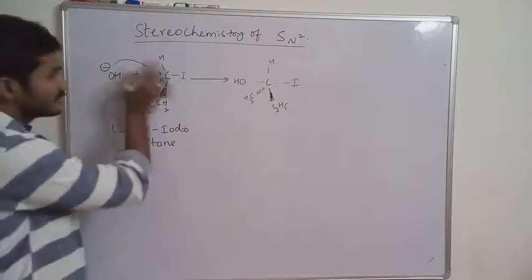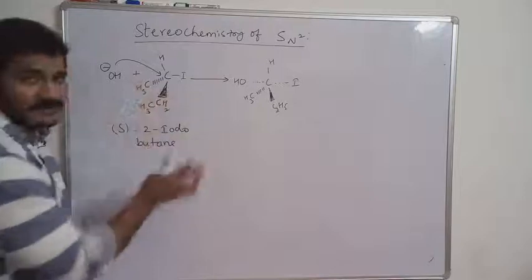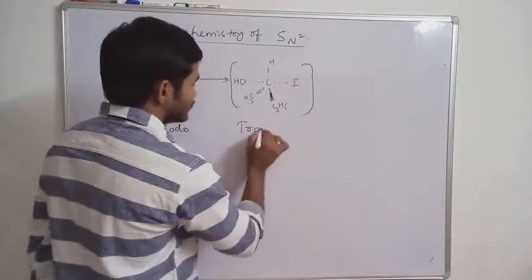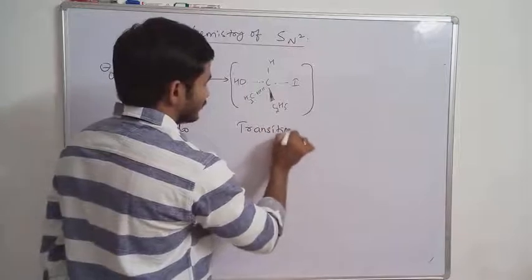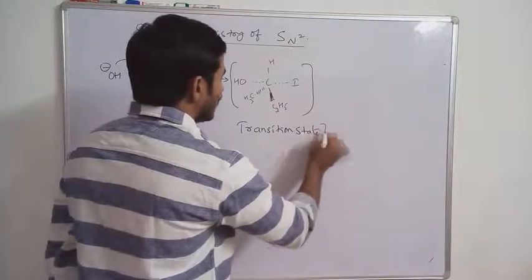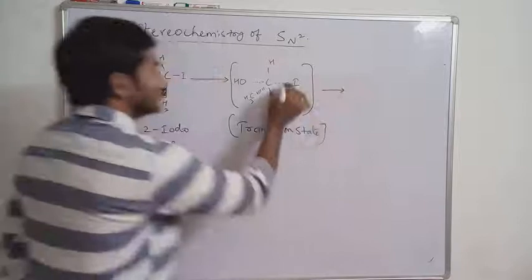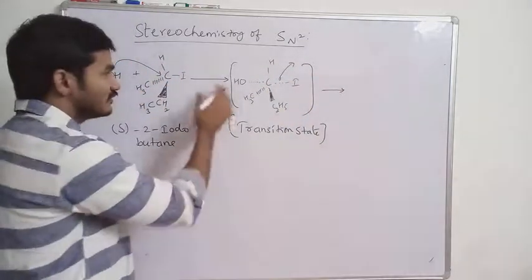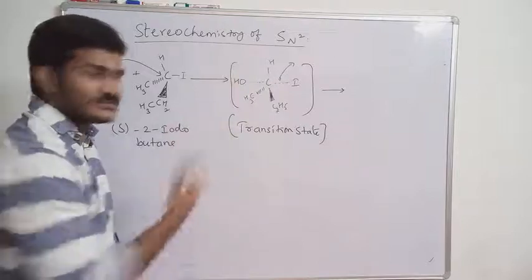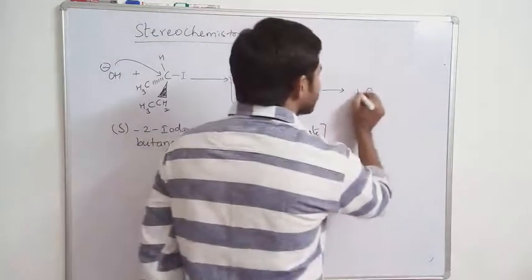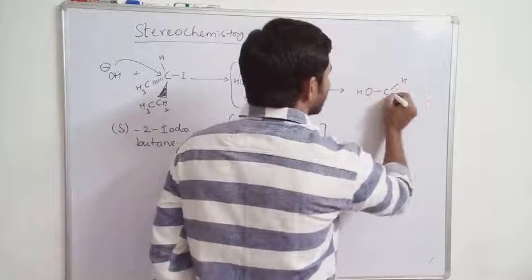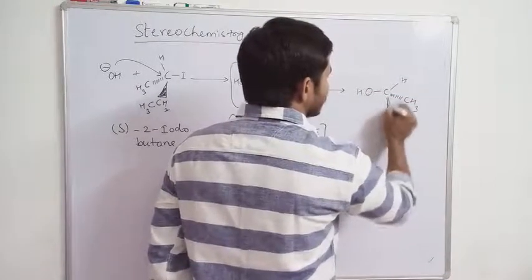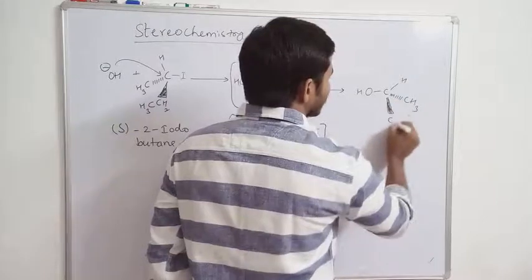As soon as the nucleophile attacks from the back side, we get one transition state, and it can form the final product. The iodide is eliminated as a leaving group. The product is OH, H, CH3, and C2H5.